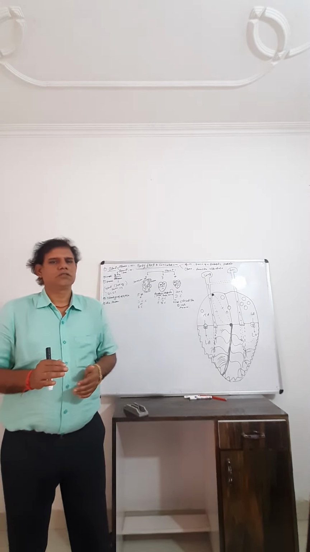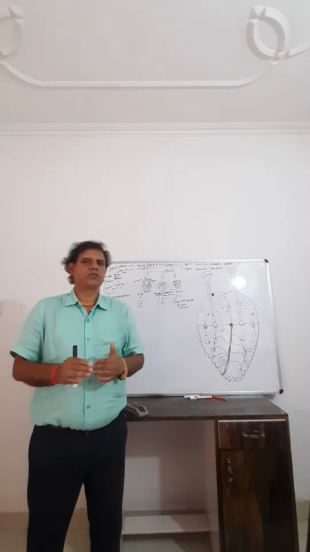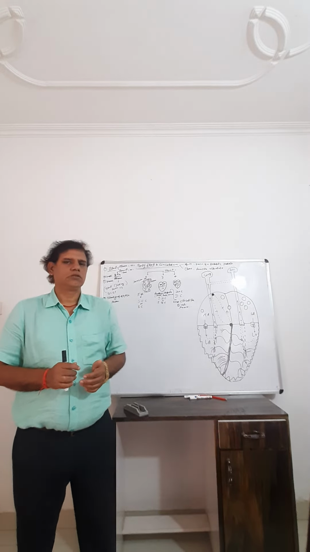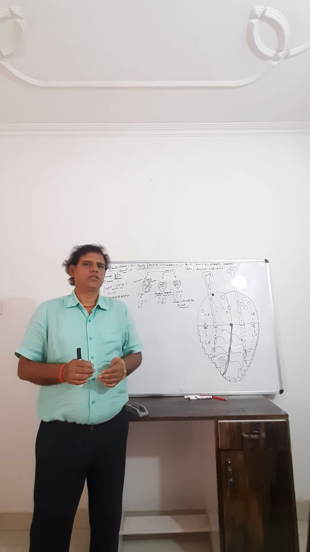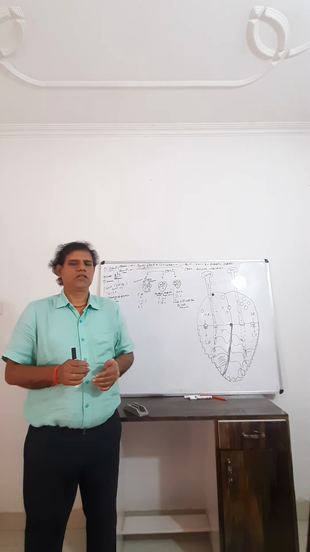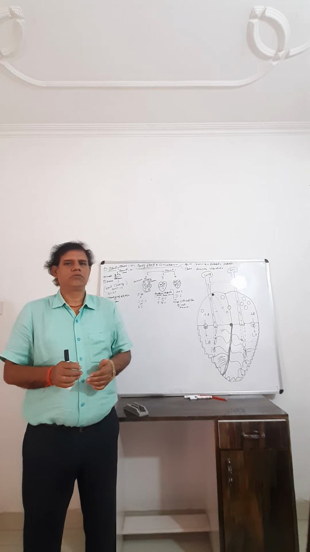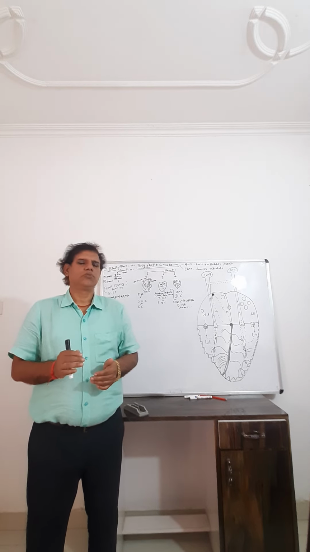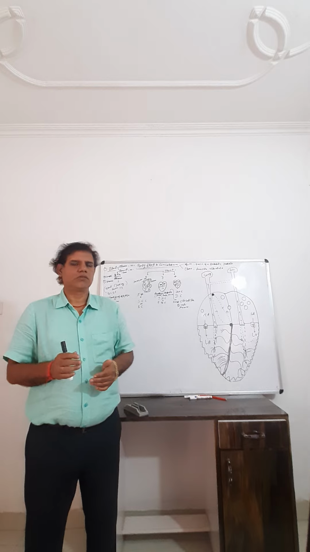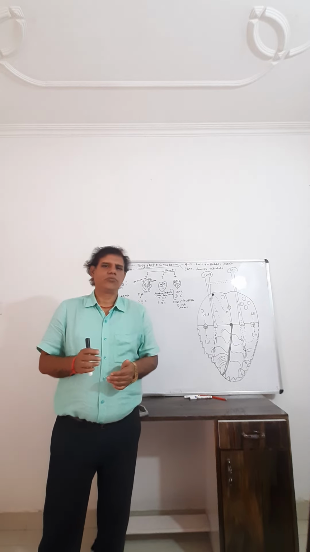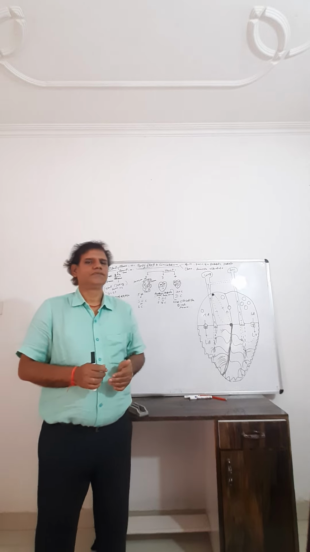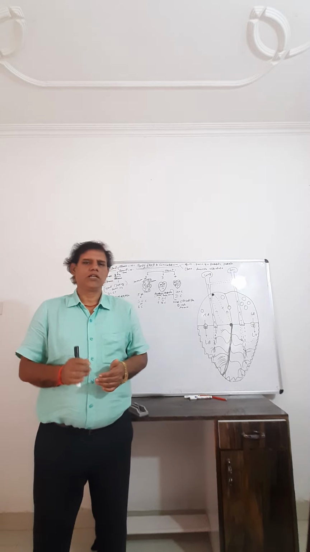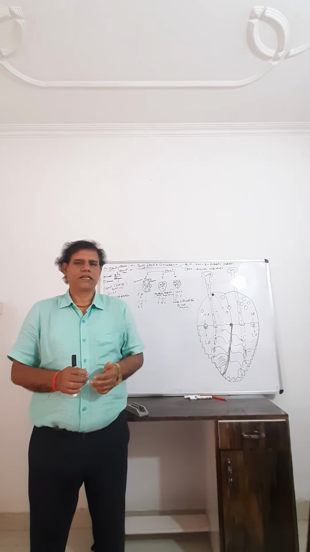And these factors number around 13, but factor number 6 is absent. They are fibrinogen, prothrombin, thromboplastin, calcium ion, proaccelerin, accelerin, proconvertin, convertin, antihemophilic factor A, antihemophilic factor B, Stuart-Prower factor, antihemophilic factor C, Hageman's factor, and fibrin stabilizing factor.